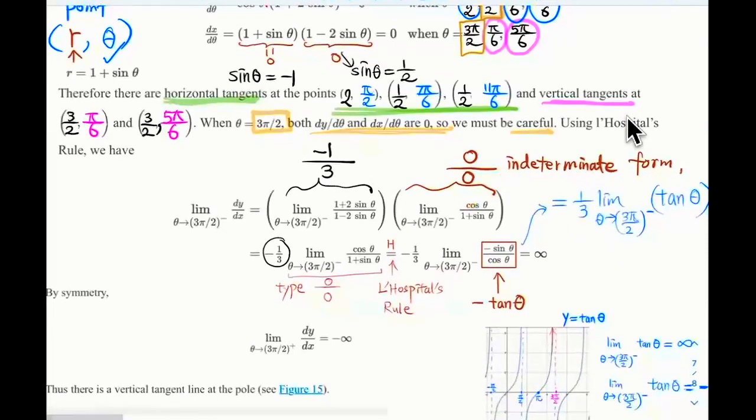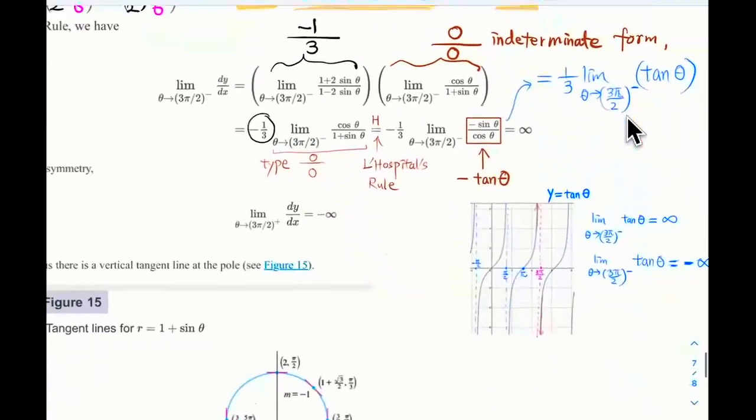So what kind of rule do you use? L'Hopital's rule. It's one of the two indeterminate types, right? So use L'Hopital's rule right here, and you differentiate. What's the derivative of cosine theta? Negative sine theta, and the derivative of sine theta is cosine theta, right? And what's sine over cosine? Tangent. So this is negative tangent theta.